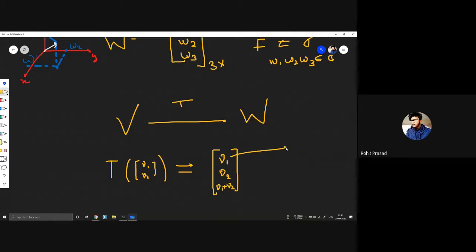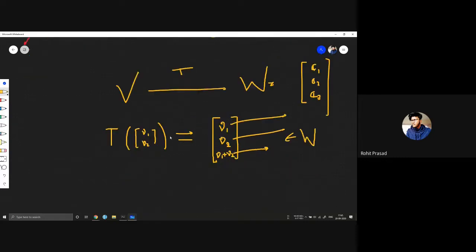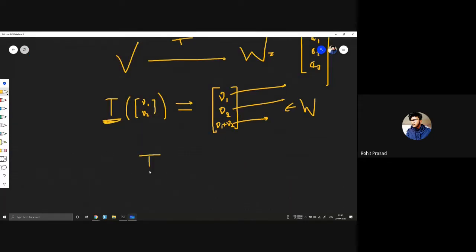As we know, V1 is a complex number, V2 is a complex number, so the addition of that will be a complex number as well. And if we see the definition of this W, it's just complex number 1, complex number 2, complex number 3, right? So this will also belong to your W. So we can say that this transformation T takes a vector space V, a 2 cross 1 matrix, to a vector space W, which is a 3-dimensional space. Okay, 3 cross 1.